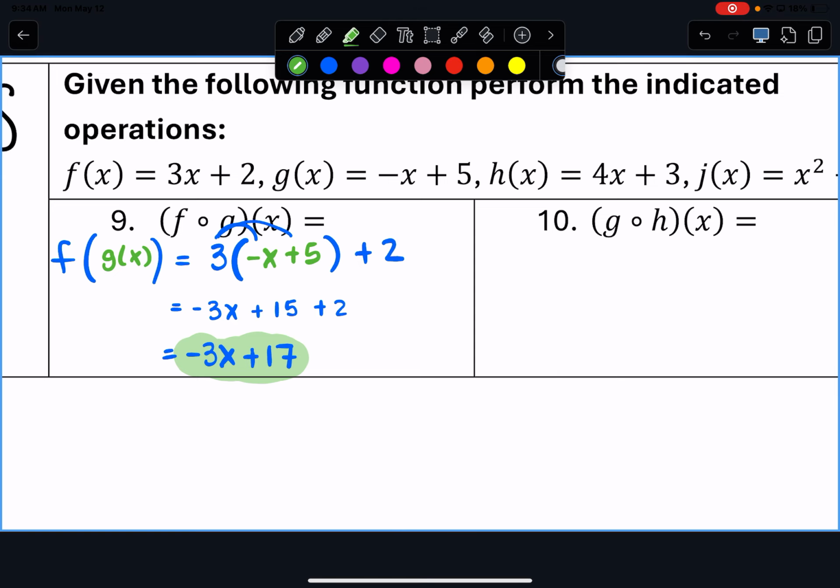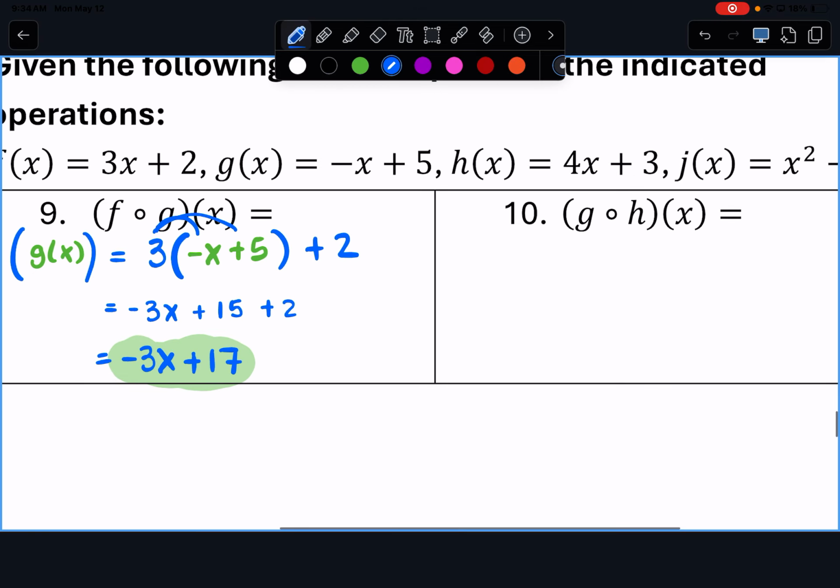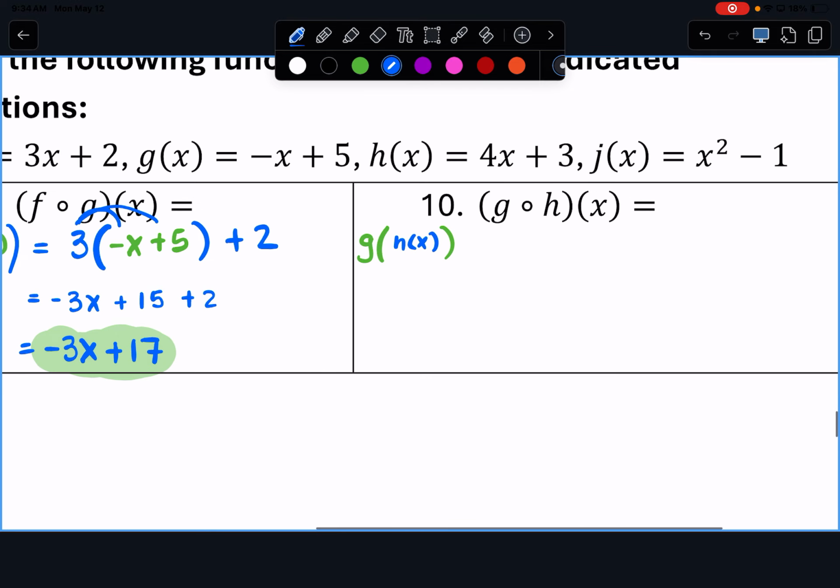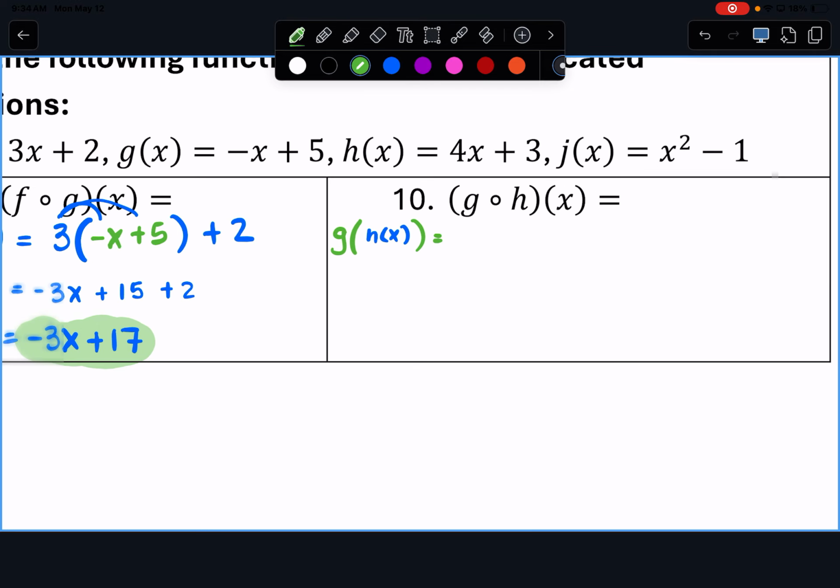For number 10, we are going to do g of h of x. So we are going to start with function g, which is what? What is function g? And we're going to do negative x plus 5.